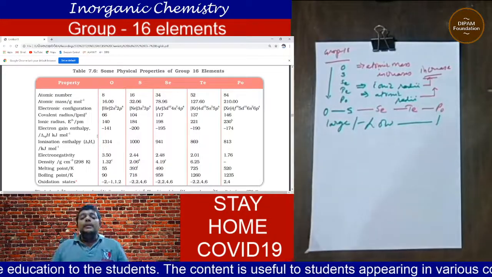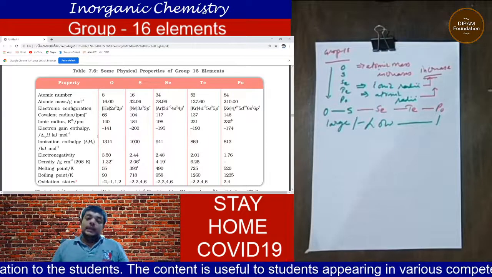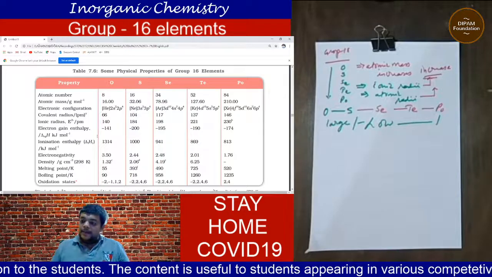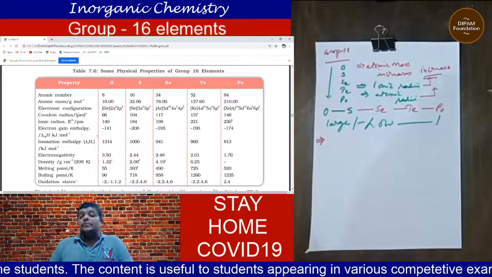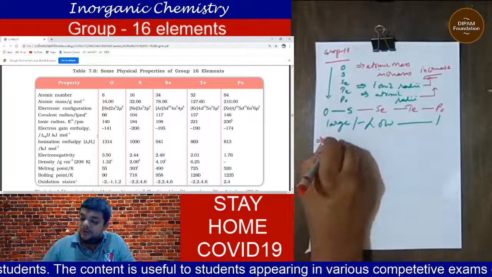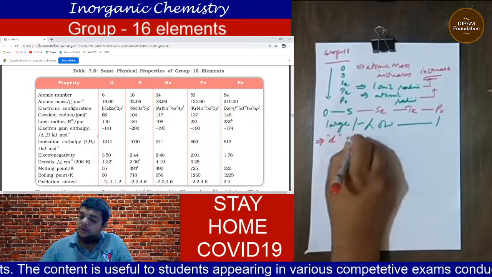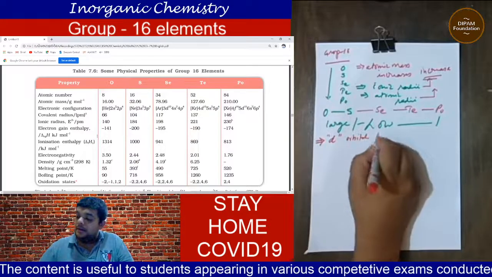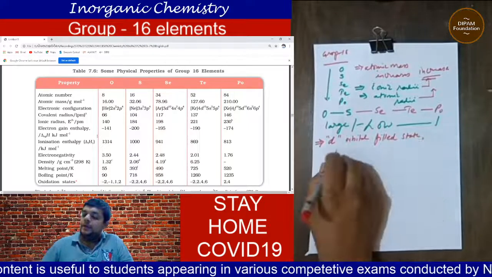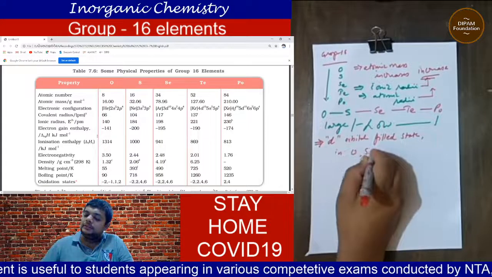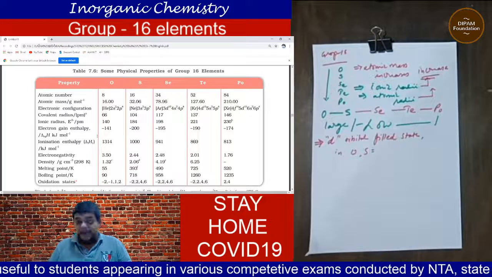So, keeping in mind these large and low differences in the atomic and ionic radii, the very well designated reason would be the absence of d orbital in the filled state in oxygen and sulfur, which does not shrink its radii.